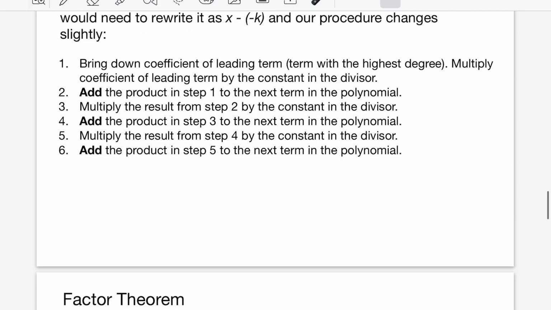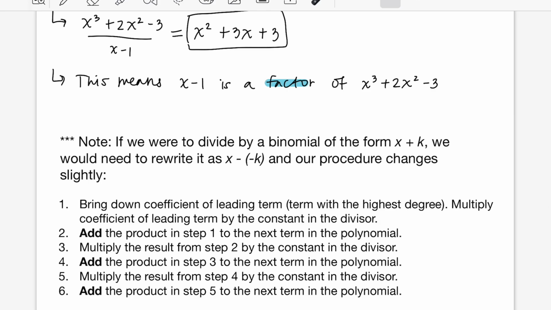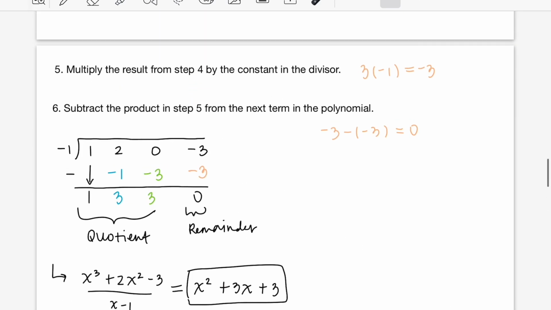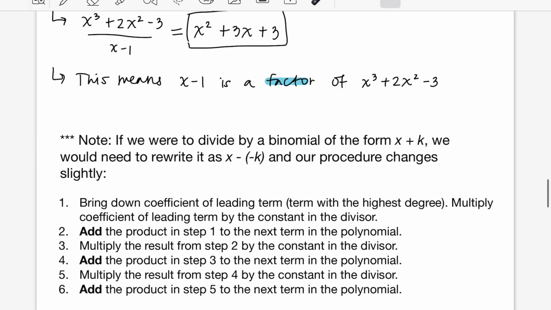So rewriting it, we can do the same thing, but our procedure will change slightly. When we do the 6-step procedure that we just went through here, the only thing that'll change is what we're going to do is instead add the product in the previous step for all of these guys. So that'll happen when we're dividing by a binomial of this form and rewriting it like this.